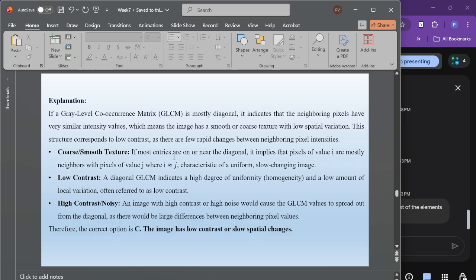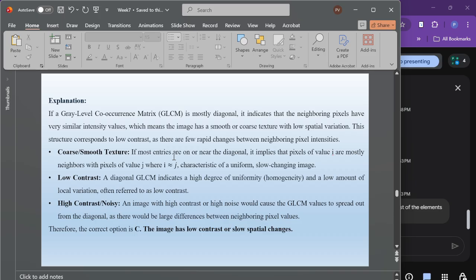And low contrast. So a diagonal GLCM indicates a high degree of uniformity, that is homogeneity, and a low amount of local variation, often referred to as low contrast. An image with high contrast or high noise would cause GLCM values to spread out from the diagonal, and there would be large differences between neighboring pixel values.